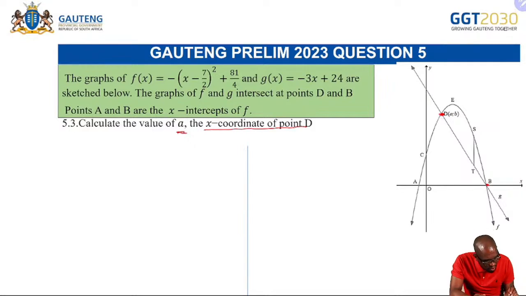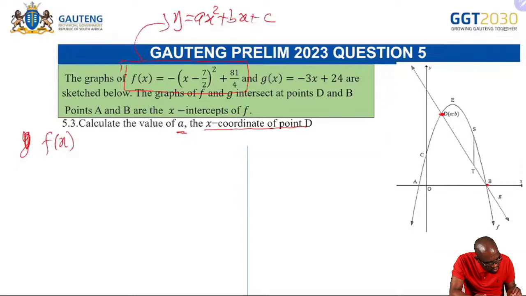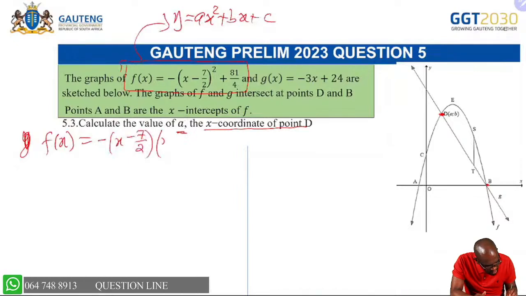We can now write this in the form y is equal to ax squared plus bx plus c. So if we do that, we can use it as f of x. It will simplify to, if you expand this and work it out, x minus 7 over 2 into x minus 7 over 2 and then plus 81 over 4.